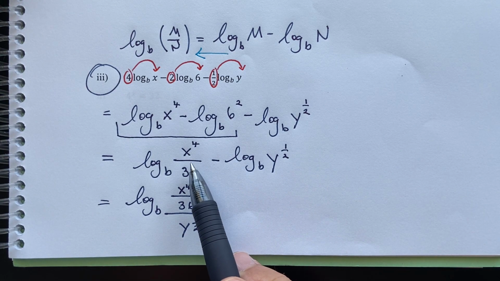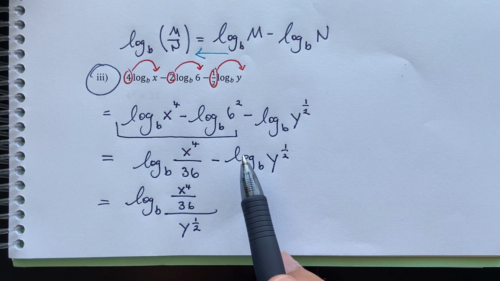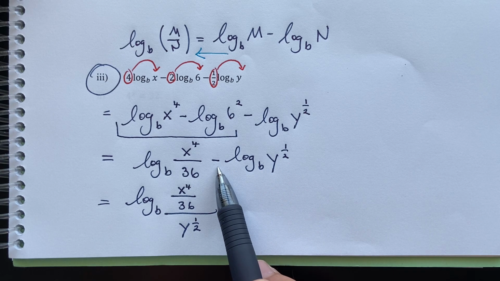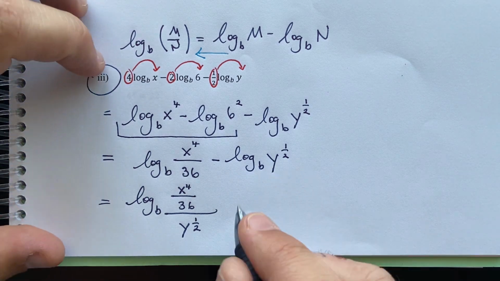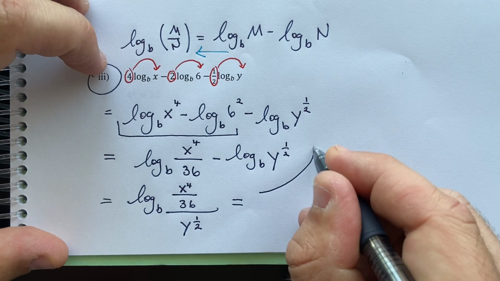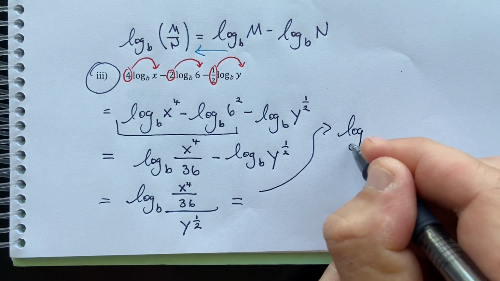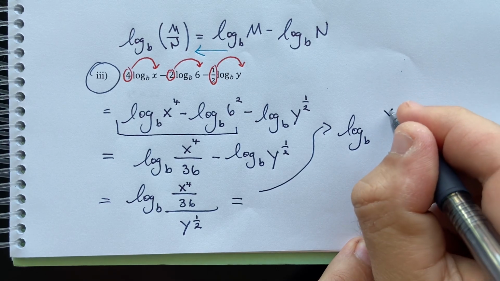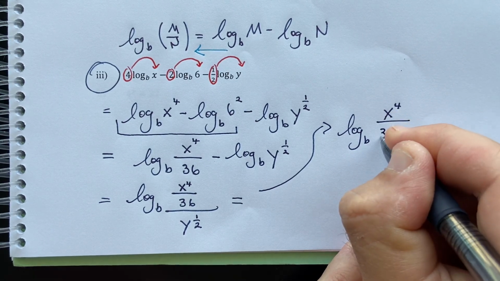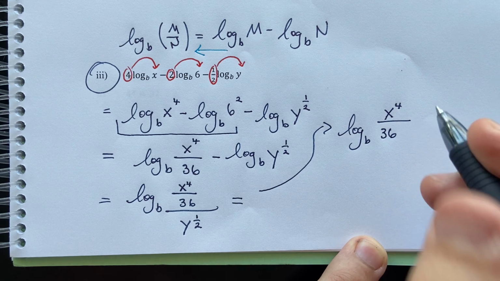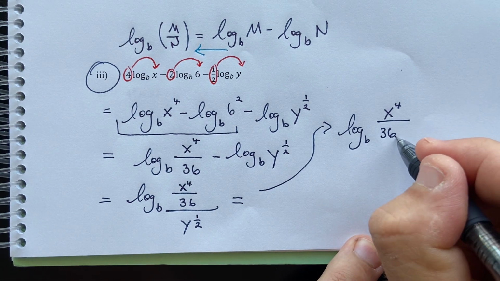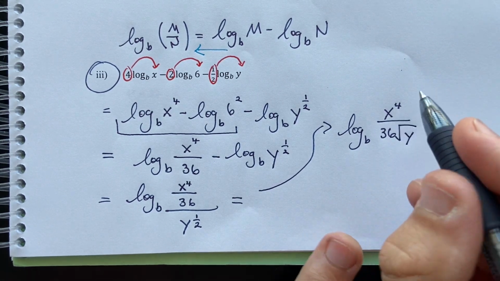I take whatever's positive and I divide by this. Inverting and multiplying, this would simplify to log base b of x to the 4th over 36, and maybe I'll write it as the square root. Since the 1/2 power is the square root, I'll just leave it that way.